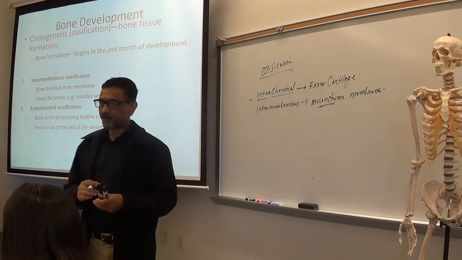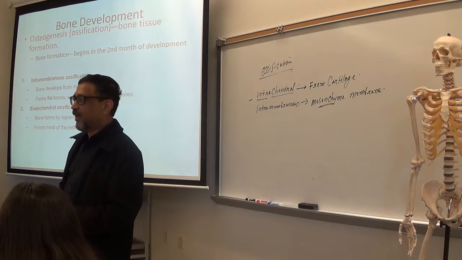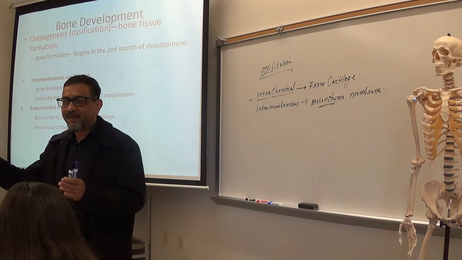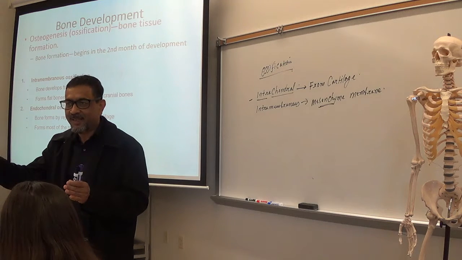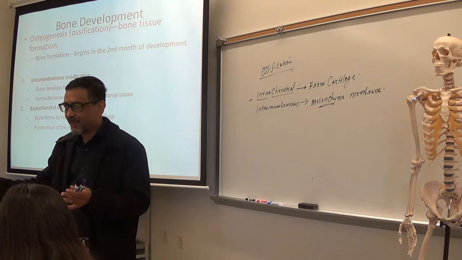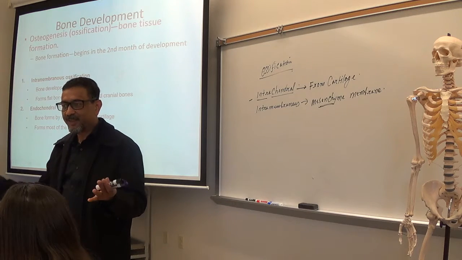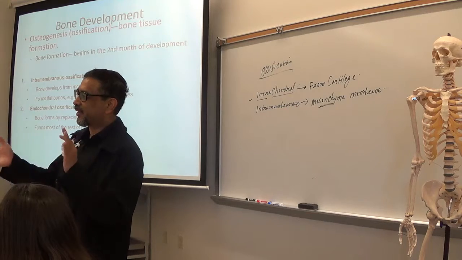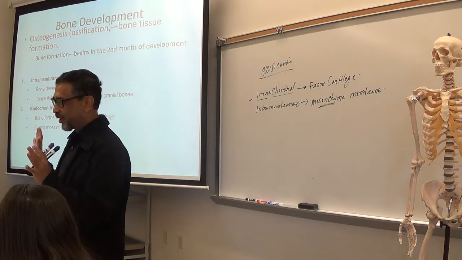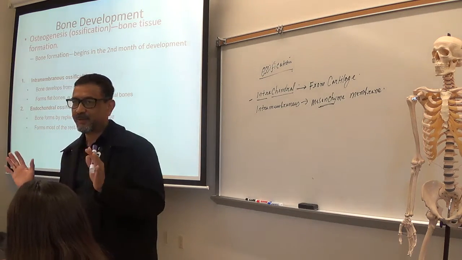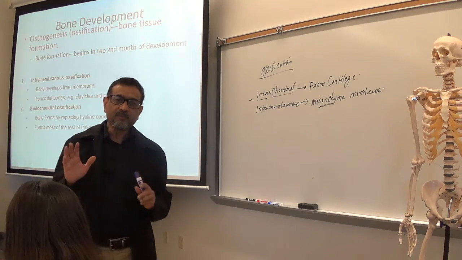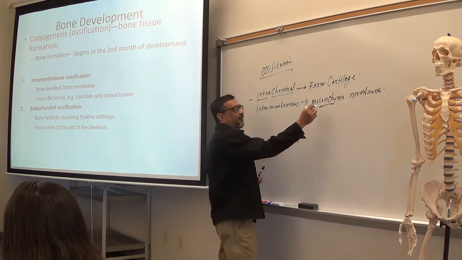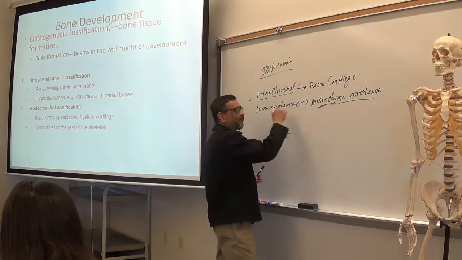What's the difference between endochondral, which is on the slide, and intrachondral? Endo means inside, and intra means the same thing, inside. So we use both, endochondral or intrachondral. Same thing. Intramembranous is from the membrane.